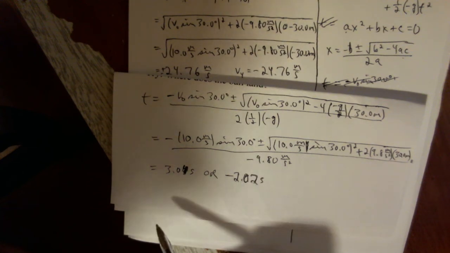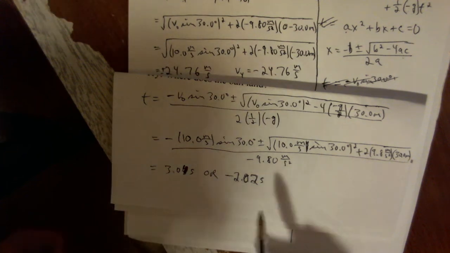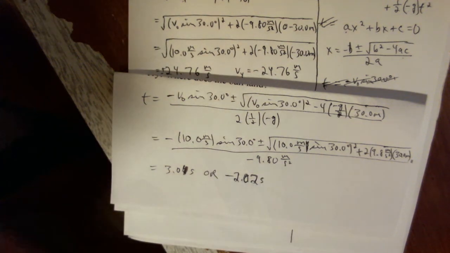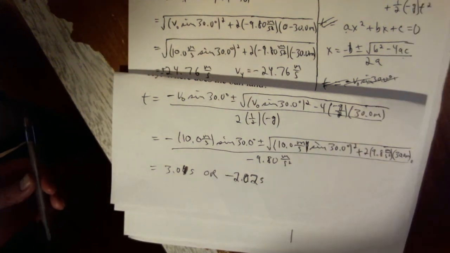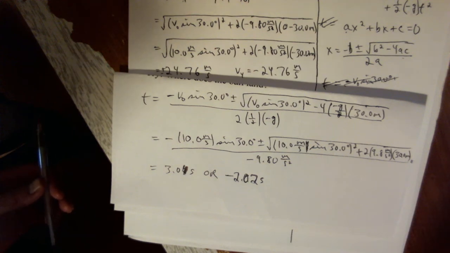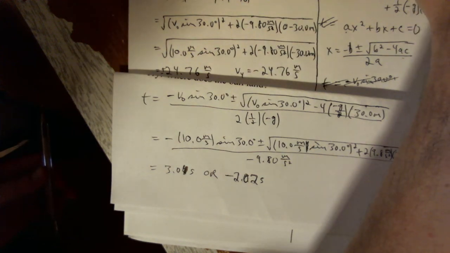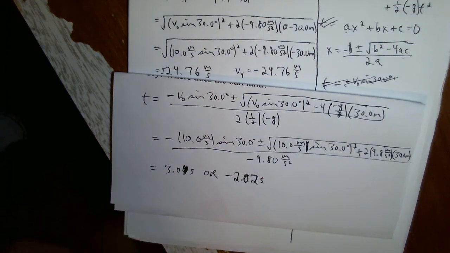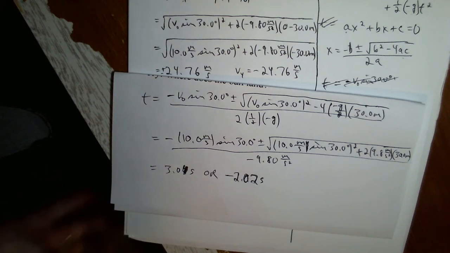That's the positive one. Now, the negative value of time isn't necessarily excluded. Negative time just indicates a time before whatever time you decided to call 0. But here, the time we decided to call 0 is the time at which the ball was thrown.